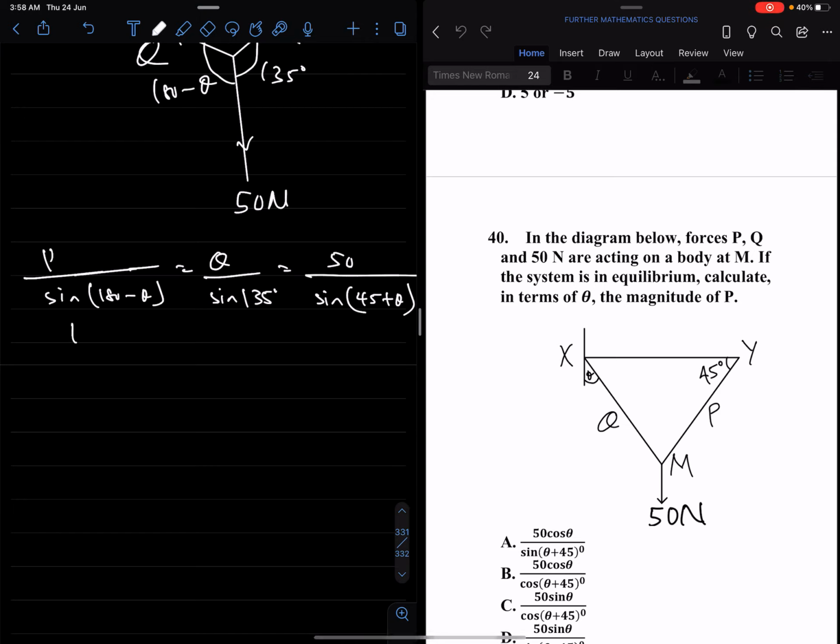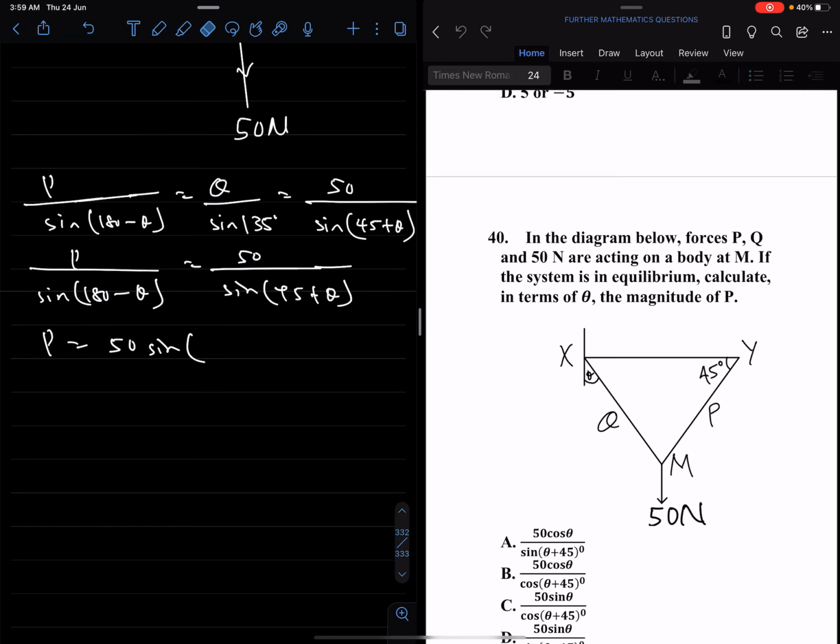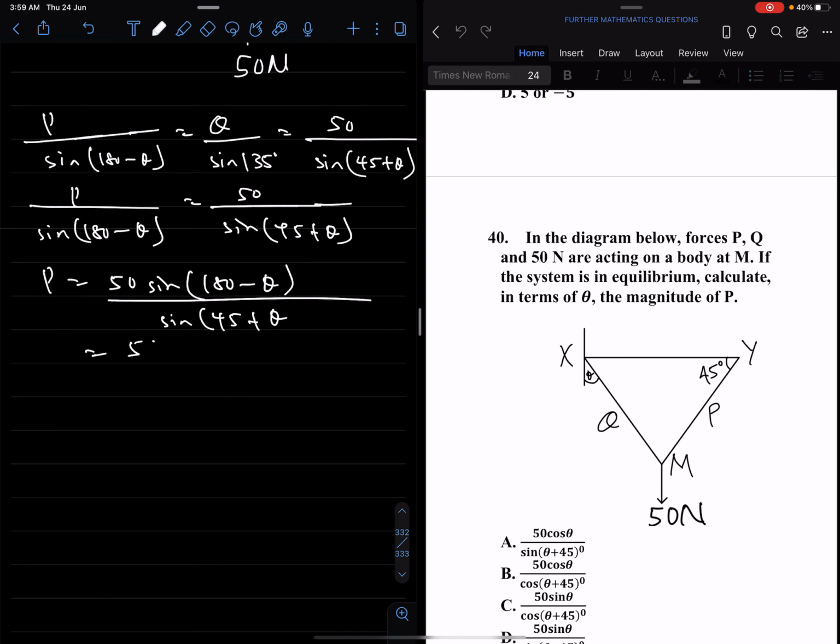Now I need P, so I'm using the ratio P over sine (180 minus theta) equals 50 over sine (45 plus theta). So that simply means P is equal to 50 sine (180 minus theta) all over sine (45 plus theta). And we know that sine (180 minus theta) is the same as sine theta.